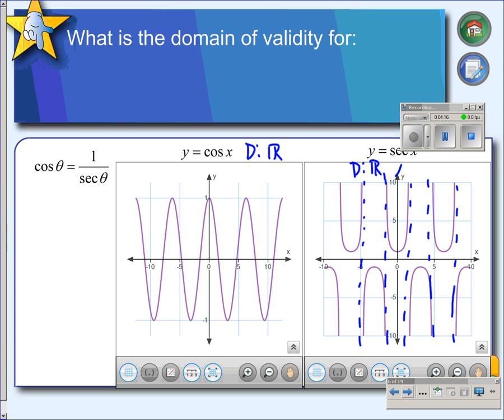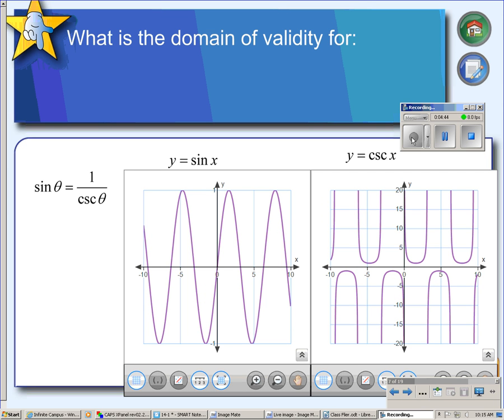So we would say x cannot equal the odd multiples of pi halves. So this would be pi halves here, 3 pi halves, 5 pi halves, negative pi halves, negative 3 pi halves. So this function is defined for everything except odd multiples of pi halves.